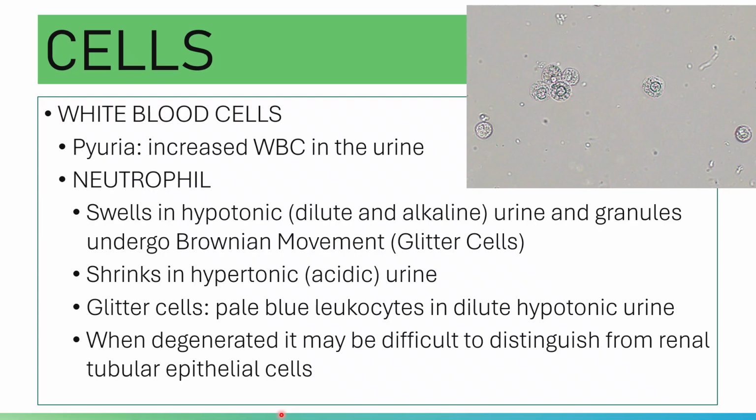Please note that neutrophils swell in hypotonic urine, or in dilute alkaline urine, and the granules undergo Brownian movement. Once the neutrophil has lysed, the granules are exposed, and the granules are refractile.